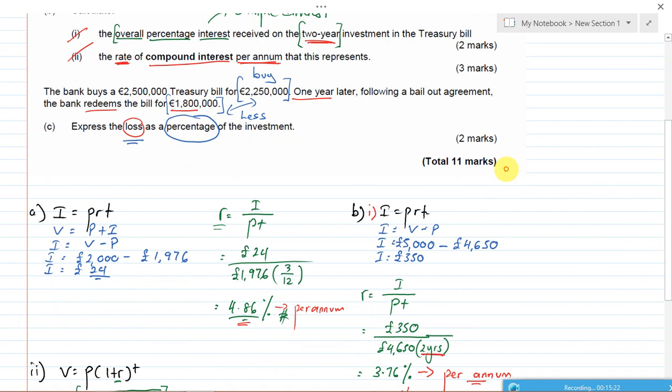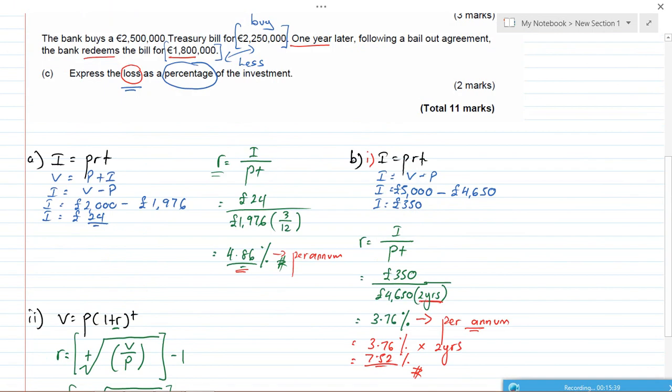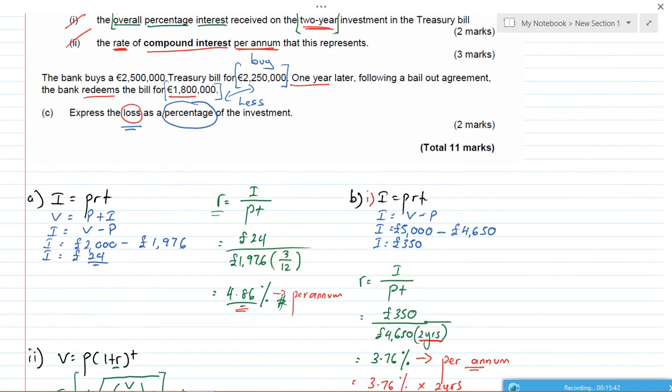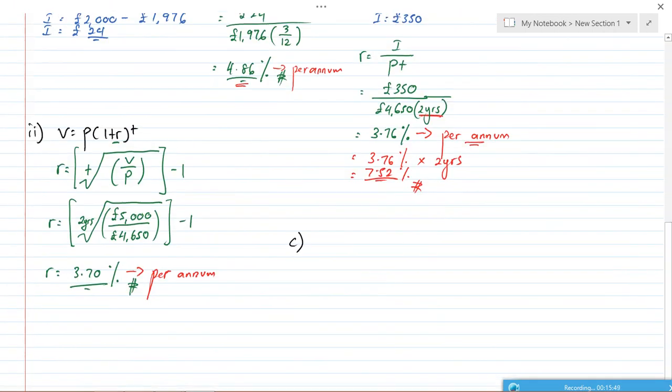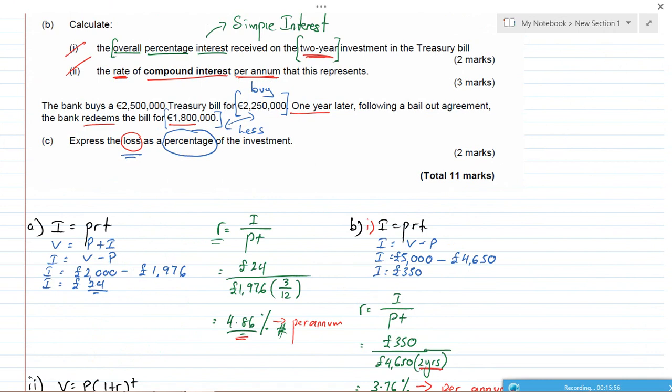So how do you calculate for your part C? They want it in percentage. It's going to be a very simple calculation, 2 marks.